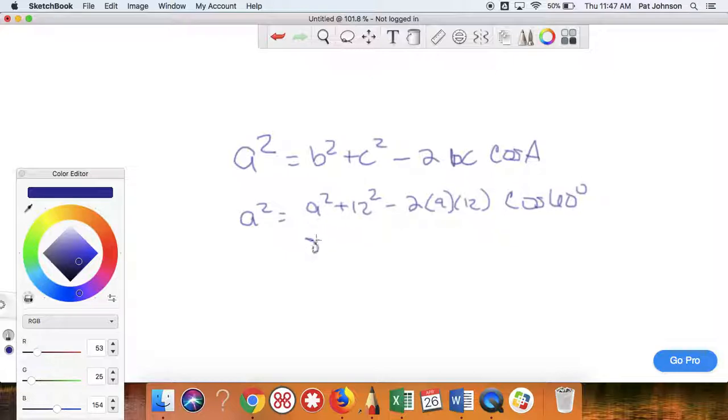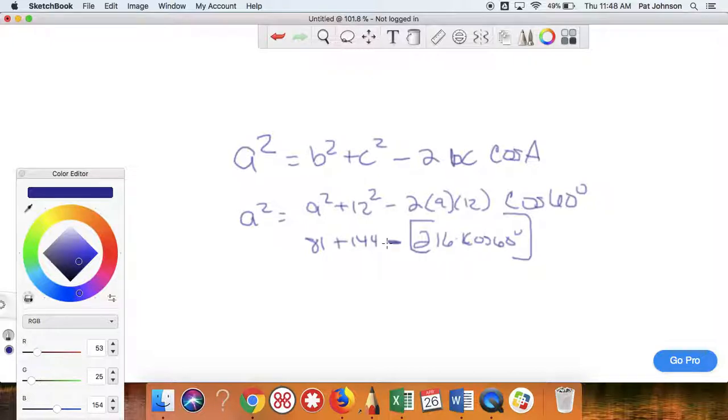So I can put this in my calculator. What is 2 times 9 times 12? 2 times 9 times 12 is 216 times the cosine of 60 degrees. So remember, you must perform this operation before you do subtraction.